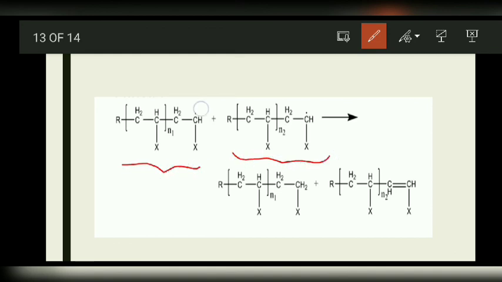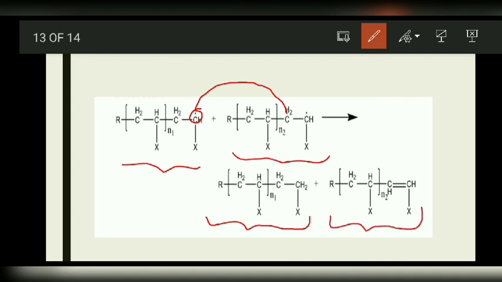This unpaired electron abstracts a hydrogen from the other growing chain and gives a polymer chain like this, and the unpaired electron remaining in the other forms a pi bond and gives a polymer chain like this.